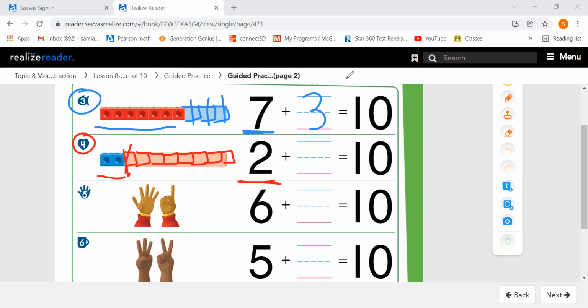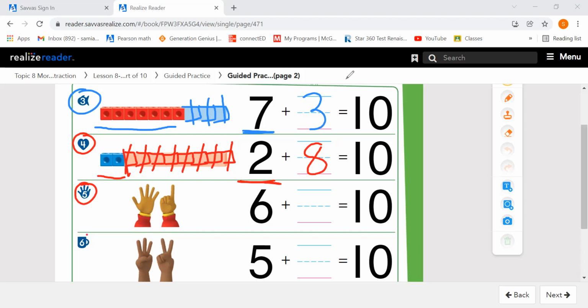Let's do it again. 1, 2, 3, 4, 5, 6, 7, 8. We're going to write 8. That is a part of 10. 2 and 8 equals 10. 2 plus 8 equals 10. All right, let's look at number 5.